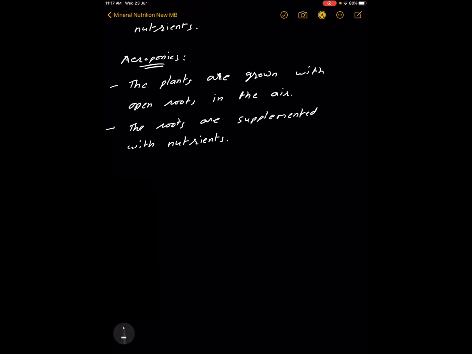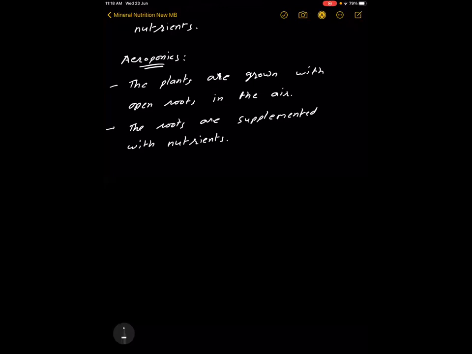So what is the criteria of essentiality? According to Arnold and Stout, the element is particular. Particularity means it is particular for growth and cannot be replaced by another element. If calcium is required for normal growth, calcium cannot be replaced by potassium or any other element.